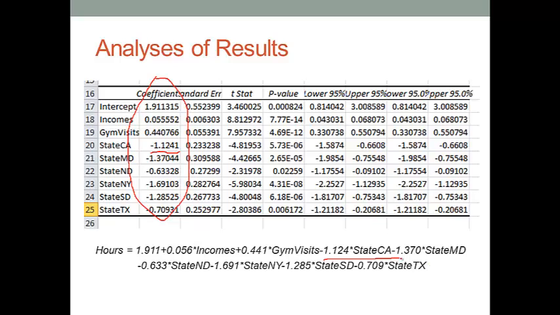Very good point. Because if the customer is from New York, we subtract the largest number from the equation. As you can see, we subtract 1.7 from the total hours. That means if the customer is from New York, they use the mobile app the shortest compared to other states.